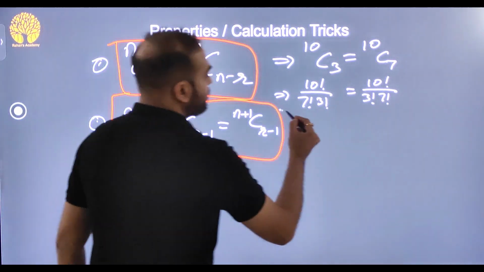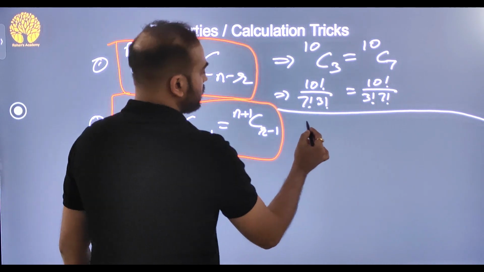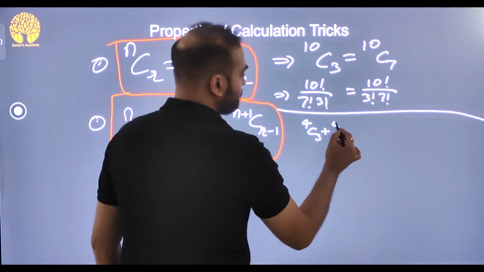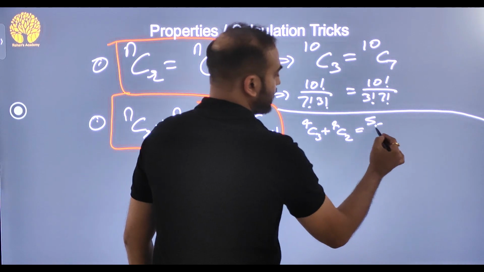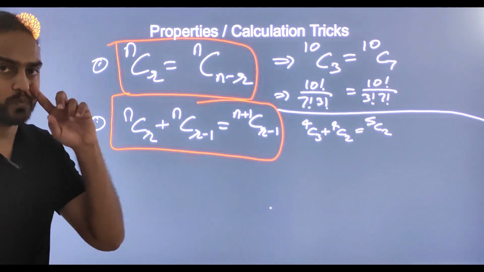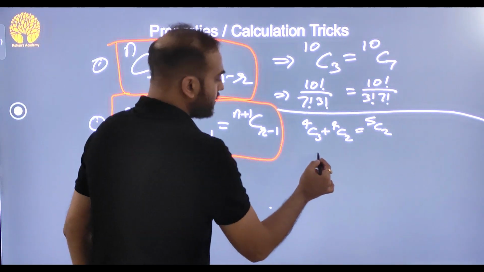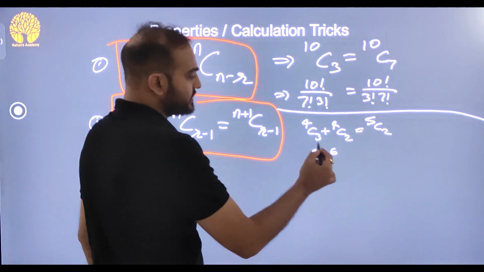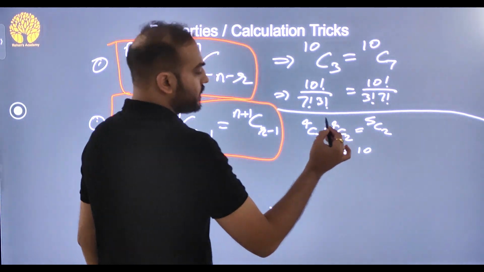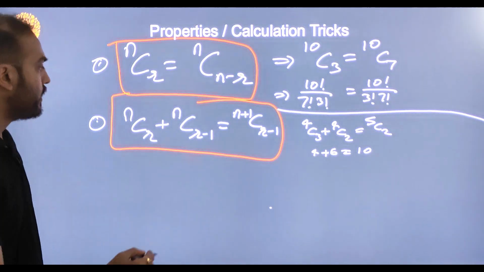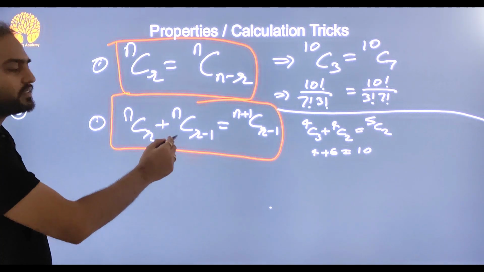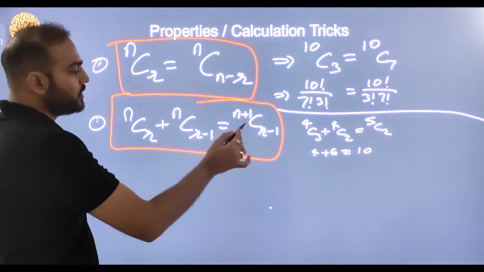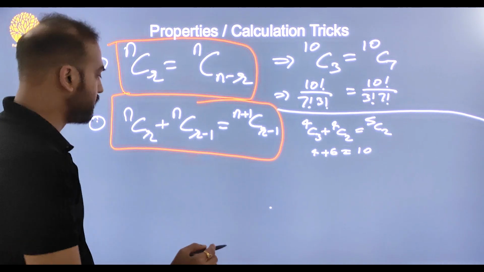Say we have 4C3 plus 4C2, that is equal to 5C3. 4C3, if you simplify, that's 4. 4C2 we have already solved, that's 6. 5C3 we already solved, that is 10. So nCr plus nC(r minus 1) is (n plus 1)Cr.